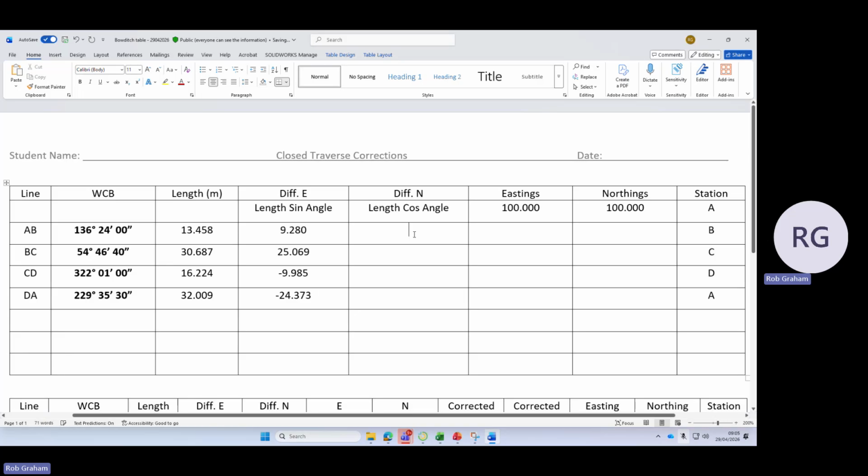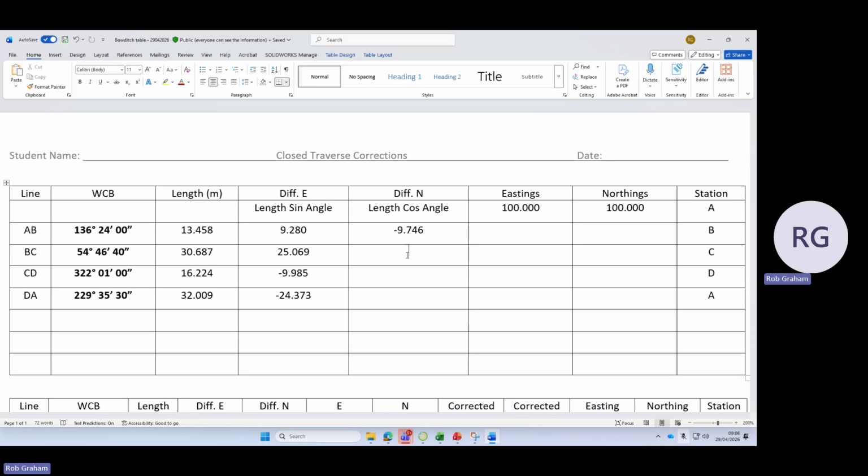You simply go along to your northings column, and this time it's the same calculation essentially, but with cosine in between. So 13.458 cosine 136 degrees, 2400. And we're getting a negative figure there of negative 9.746 to 3 decimal places. Moving on to the next one, 30.687 cosine 54 degrees, 46 minutes and 40 seconds.